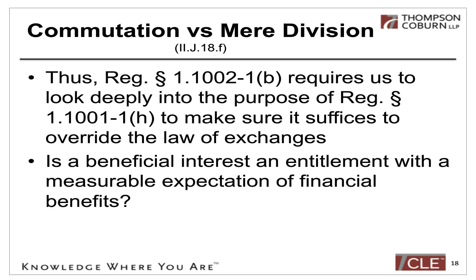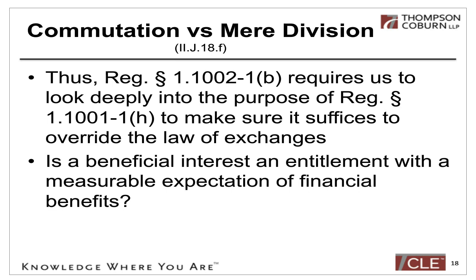So then my question is, are you really changing a beneficial interest? And how do you say you're changing a beneficial interest? Well, is a beneficial interest an entitlement with a measurable expectation of financial benefits?